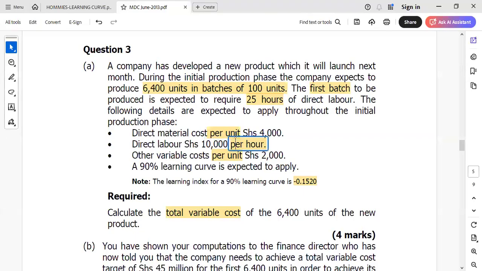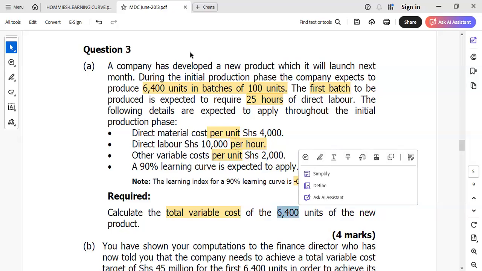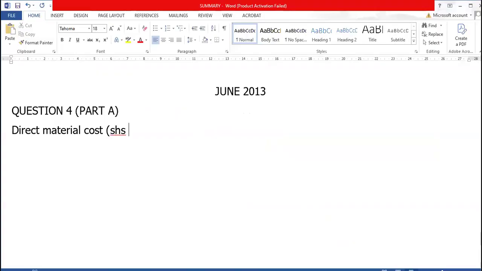The direct material per unit is shillings 4,000, and you have 6,400 units. Each unit is 4,000, then we multiply by the total number of units. How much do you get? You get 25.6 million.